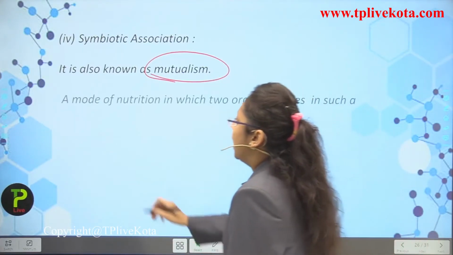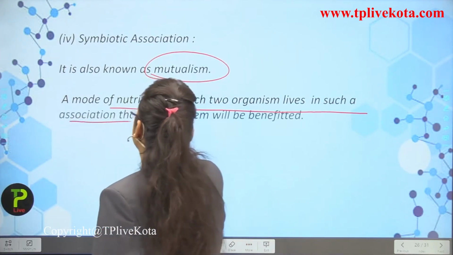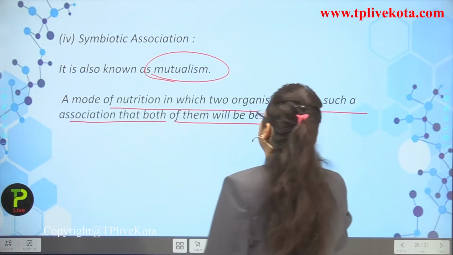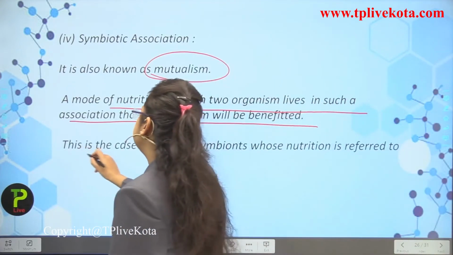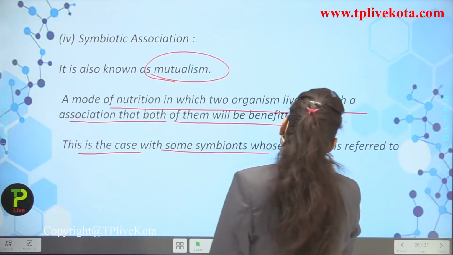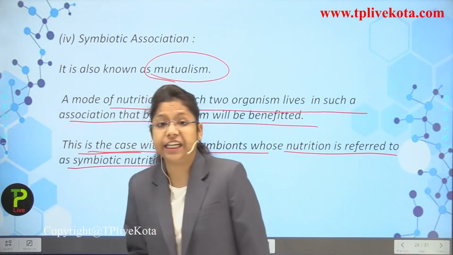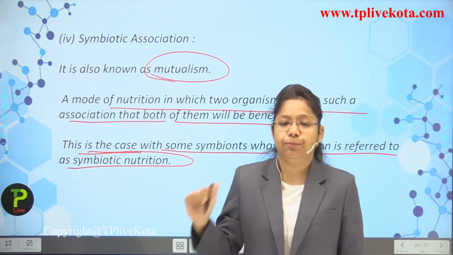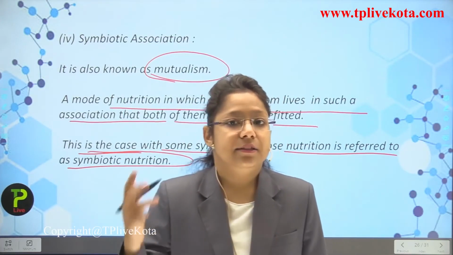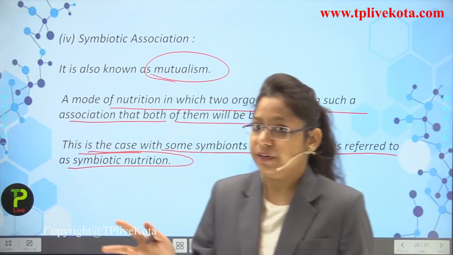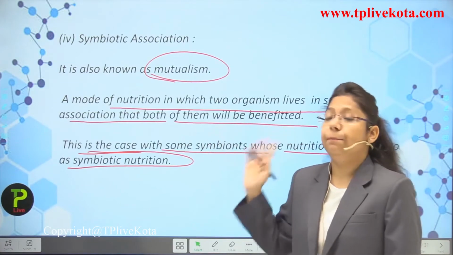So it is a mode of nutrition in which two organisms live in association so that both of them are benefited, as I told you. Now, in this case, the symbionts' nutrition is referred to as symbiotic nutrition. So this is very important that you understand that two organisms can be benefited in a relationship if they are related as symbiotic.